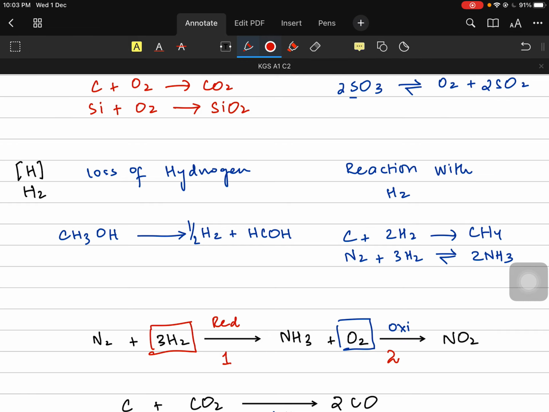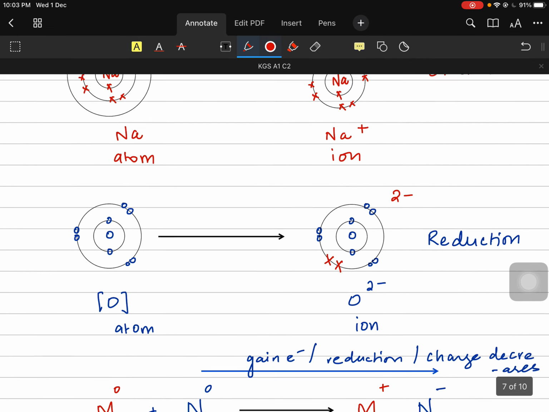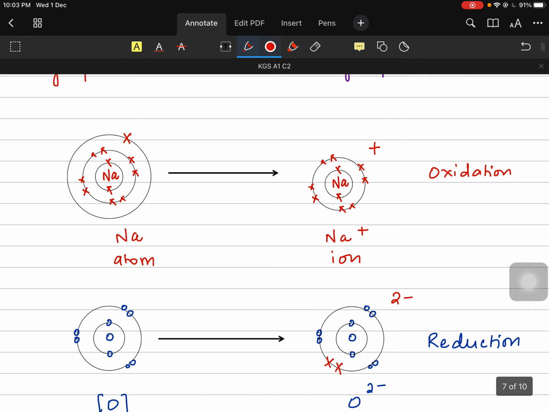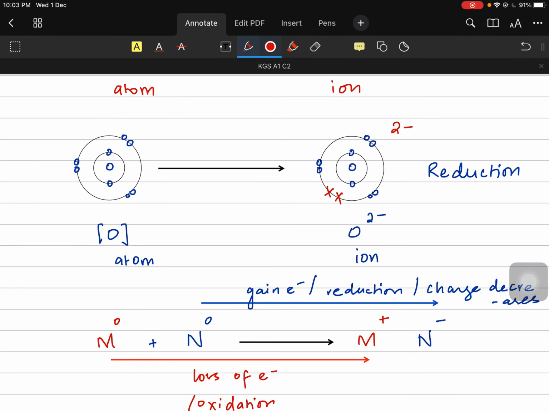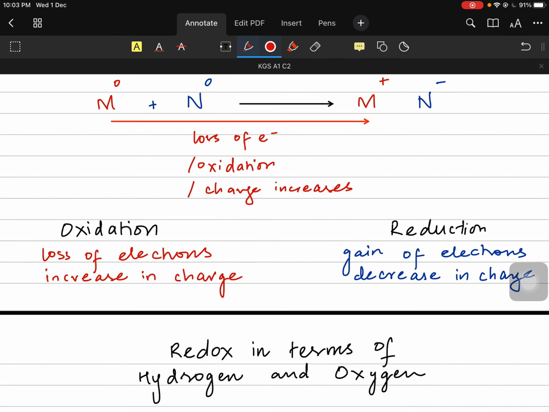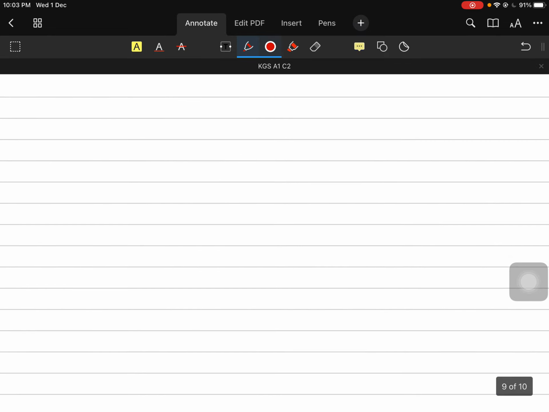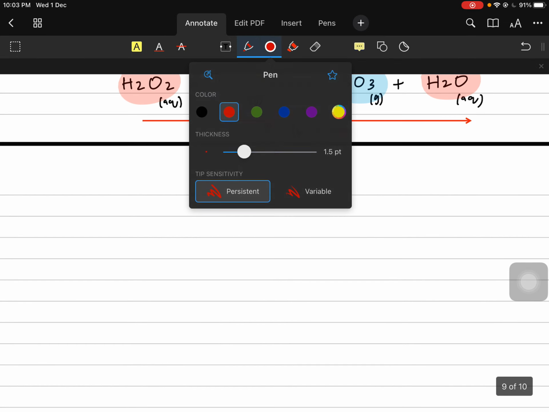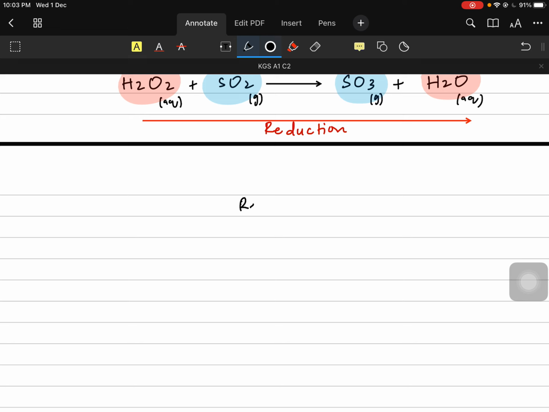So with this, and obviously the idea of loss of electron known as oxidation and gain of electron known as reduction, we can now very clearly say that redox reaction has 4 definitions. Redox has a reduction and an oxidation.